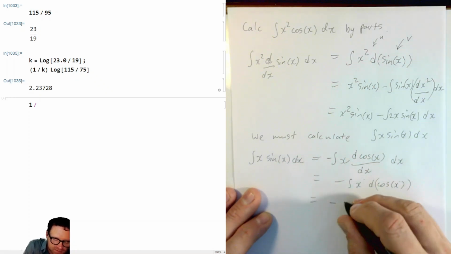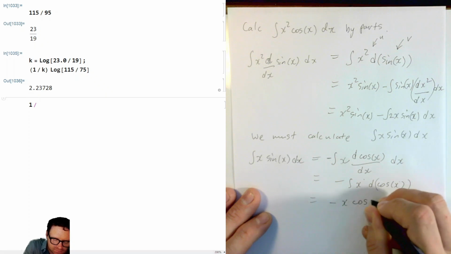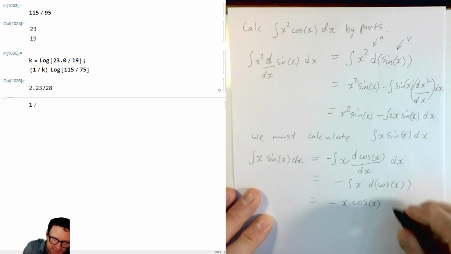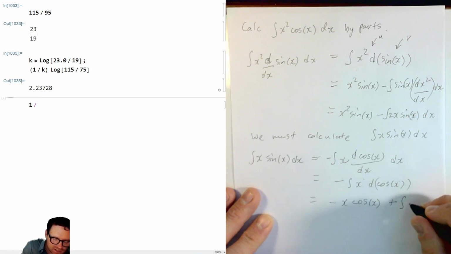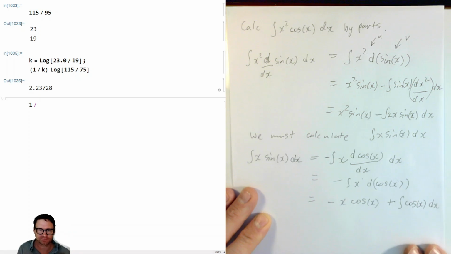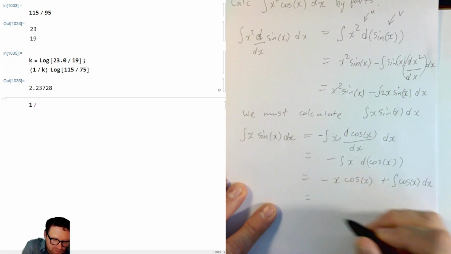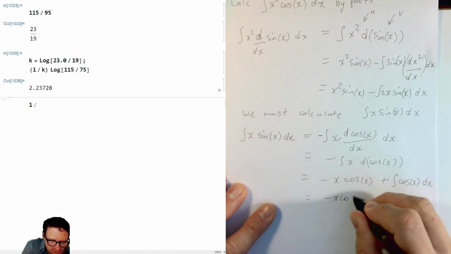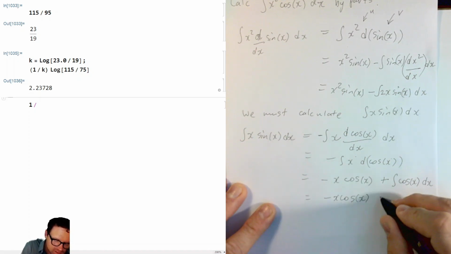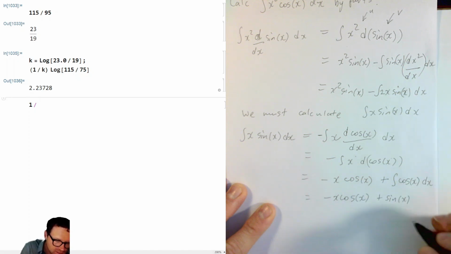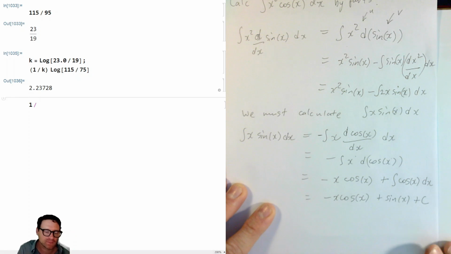We have minus the product, and then minus minus, because there are two minuses, so that's plus the integral of cos of x dx. So we have minus x cos x plus the integral of cos x, which is sine x, and now we need a plus c.